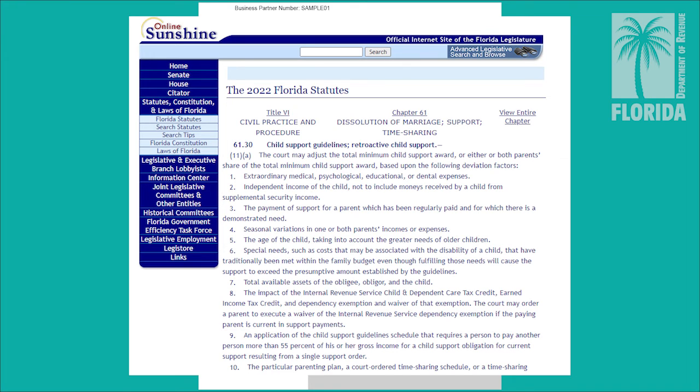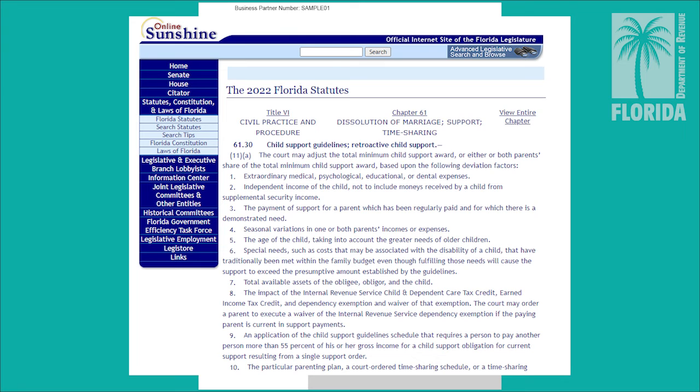If you believe your child support amount should be adjusted to more or less of the standard guideline, state your reasons in this section and attach copies of any supporting documentation. Any reasons you state requesting a deviation to the child support amount must qualify based on the deviation factors listed in Florida statutes.